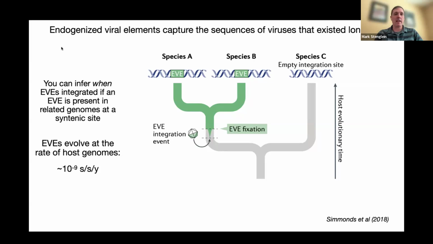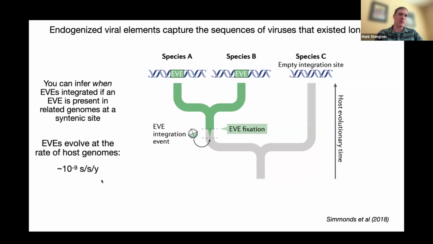Then you can infer when the endogenous sequence integrated into the genome, if that integration event is preserved at a syntenic site in the genome, and then you can look at when those two species diverged to infer when that integration event occurred. An important detail is that once those integrations occur, that sequence, which is now genomic, only evolves at the rate that host genomes evolve, which is much slower than virus sequences evolve.